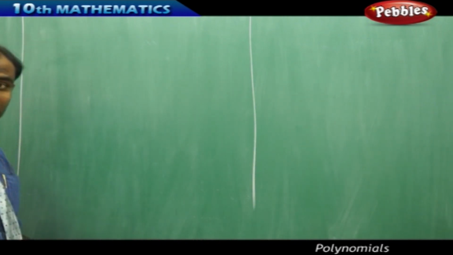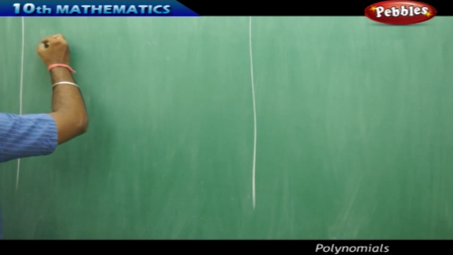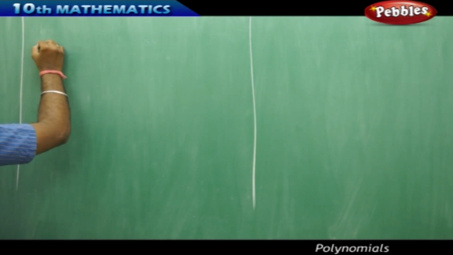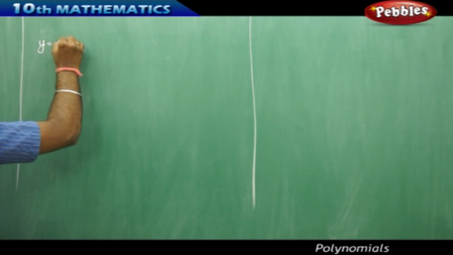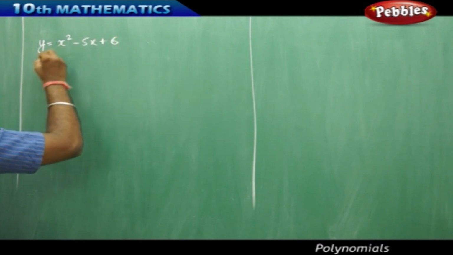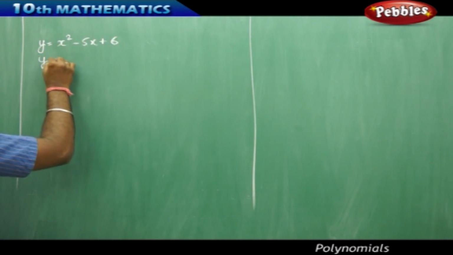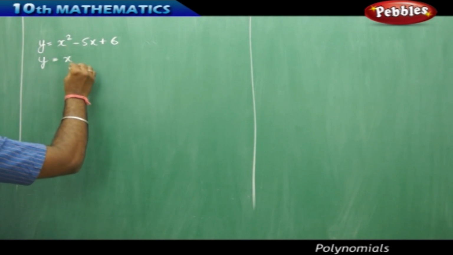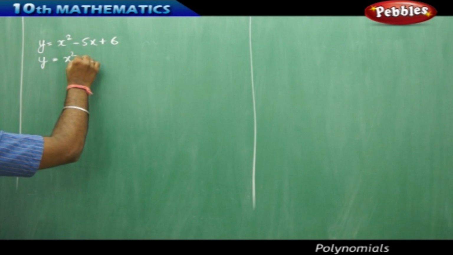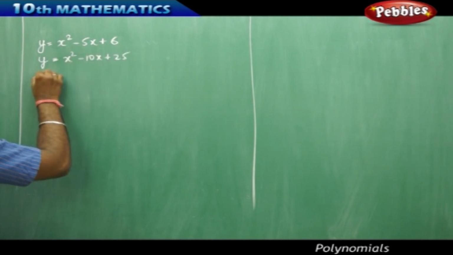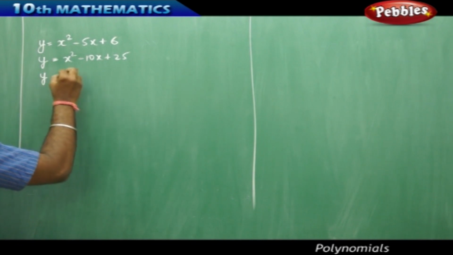So let's start with case 1. So when I see this, let me take the 3 different parabolas. Say I take y equals x squared minus 5x plus 6, is this, and then I take another parabola.